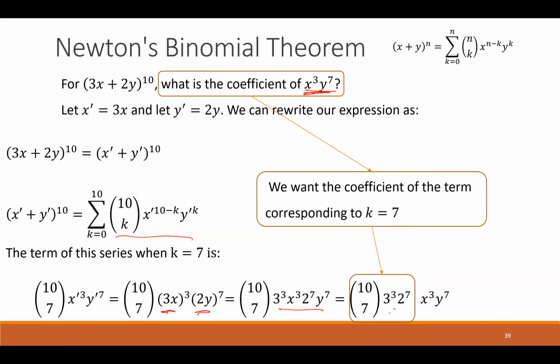Yeah, it doesn't matter if I choose n minus k on the x or k on the x or vice versa. That doesn't matter. It's not going to change your numbers. But when I ask for the coefficient of this, make sure that the y value has the 7 exponent. That's all.